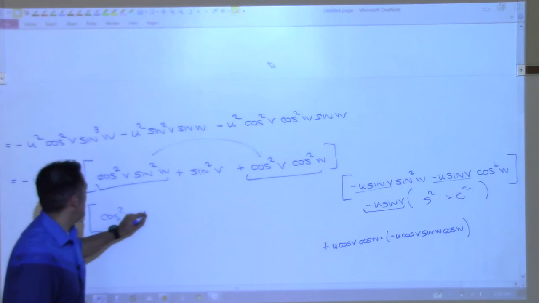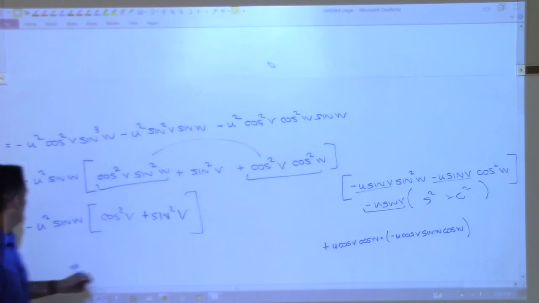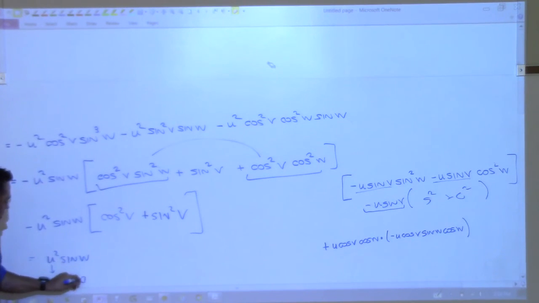And then you're left with plus sine squared v, but that's 1. And so you get negative this, right? But remember, it's absolute value. So what is the absolute value of this? U squared sine w. And what was u really? That was rho, right? And what was w? It was phi.